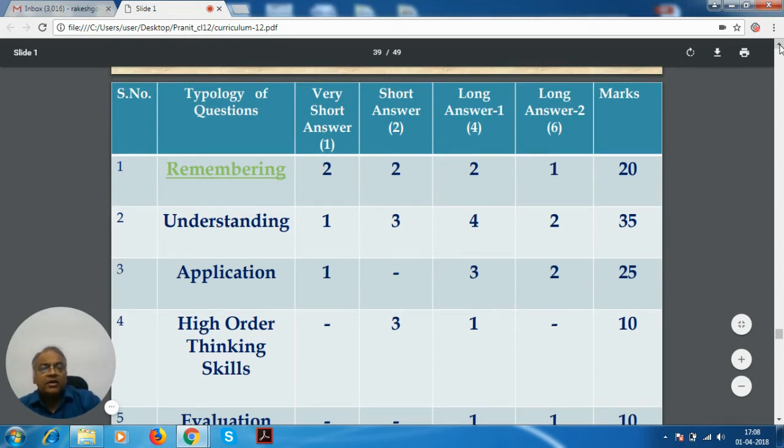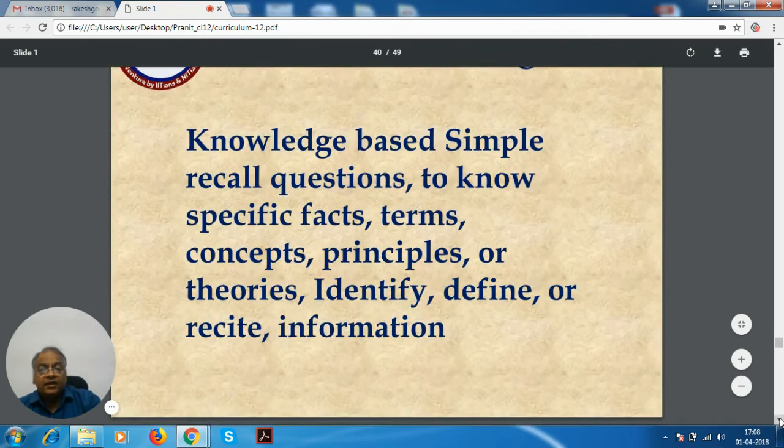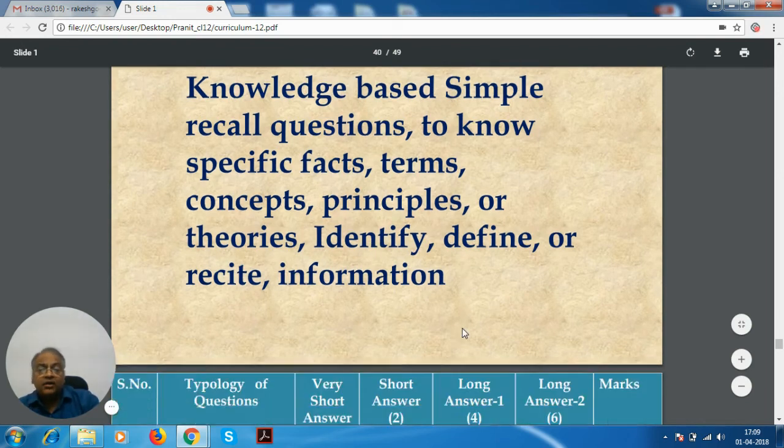In all, remembering you will have 20 marks. And what is remembering actually? Remembering means knowledge-based simple recall questions to know specific facts, terms, concepts, principles or theories. Identify, define or retrieve information.